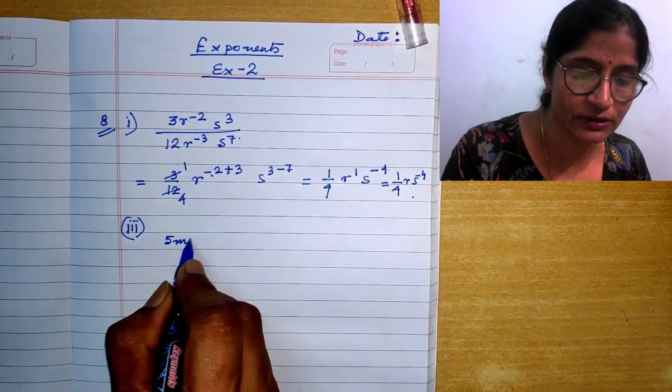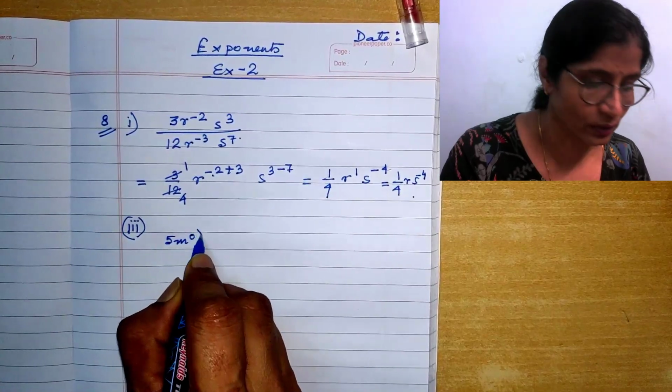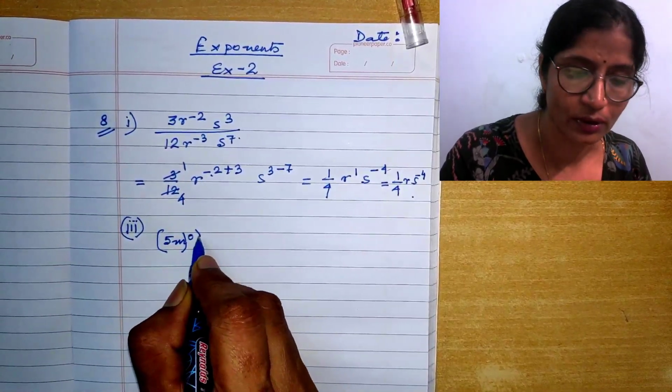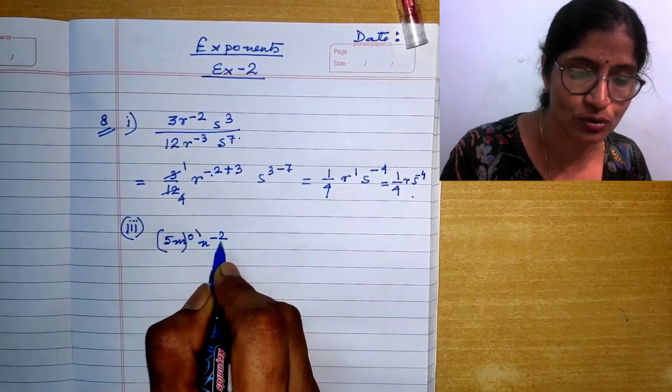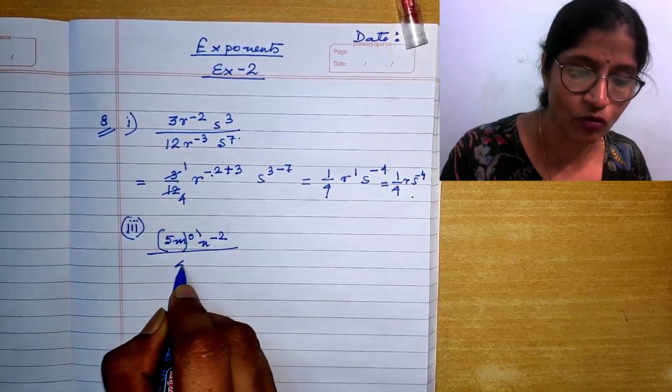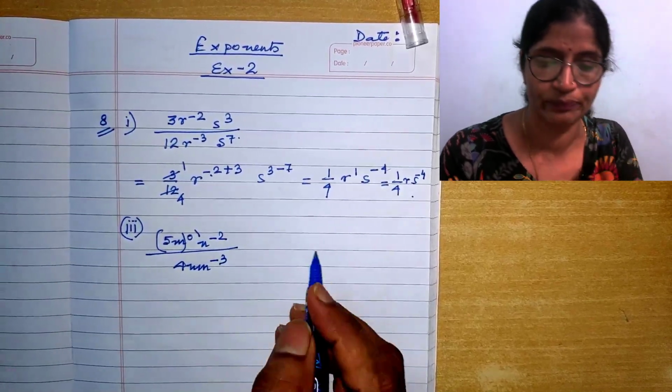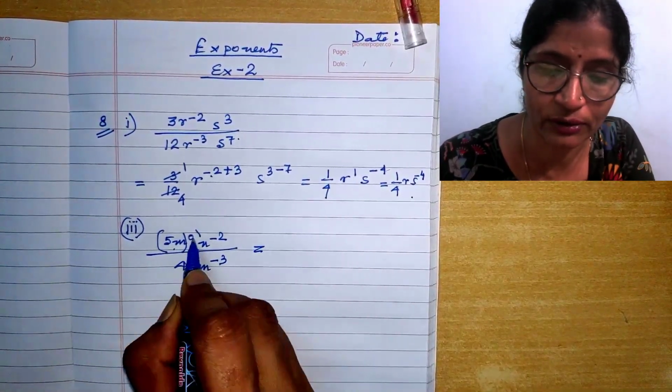5m to the power 0 n to the power minus 2 divided by 4mn to the power minus 3, that is equal to, anything to the power 0 is 1.